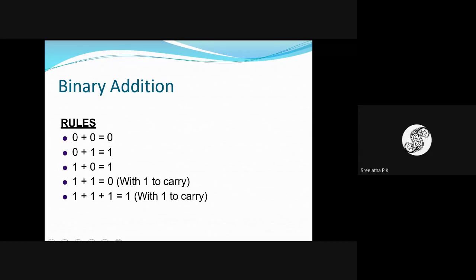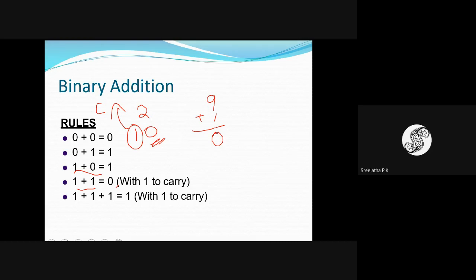I think all of you know those rules of addition. 0 plus 0 is 0, 0 plus 1 is 1, 1 plus 0 again 1. So 1 plus 1 is 2, correct? 2 is nothing but 1, 0 in binary. So 1, 0 means 0 is the value and 1 is carried. Okay, so if I have 9 plus 1, that is 10.